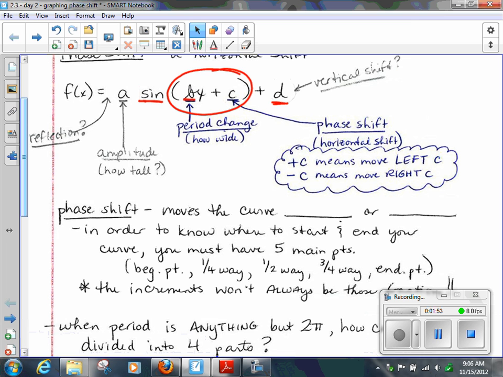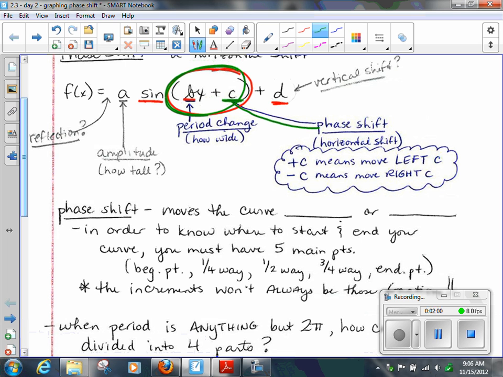We are concentrating on this entire quantity right here, specifically what is added or subtracted to that quantity. And notice, phase shift is opposite from what you expect. If you have plus C, plus a 3, it doesn't mean you're going to move to the right, it means you're going to move to the left.